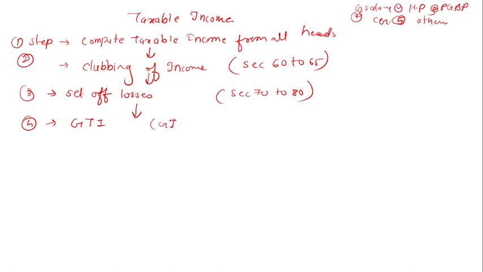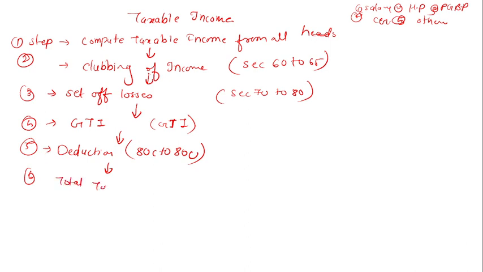After calculating the gross total income, in the fifth step we apply deductions under sections 80C to 80U. Then the sixth step is we calculate total taxable income.